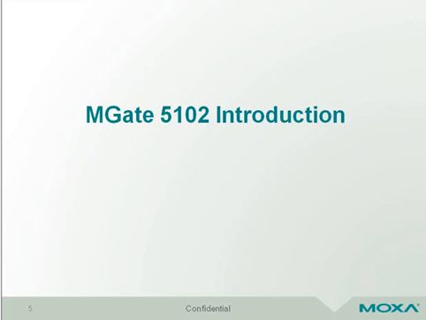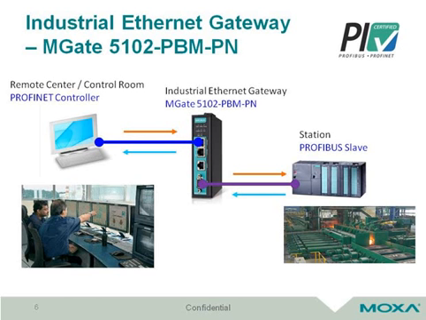If you have already read the slides of MGate 4101 and 5101, it will make MGate 5102 easier to understand. Let's start from Moxa solutions about PROFINET and PROFIBUS networks.